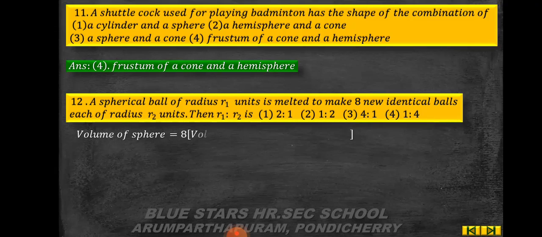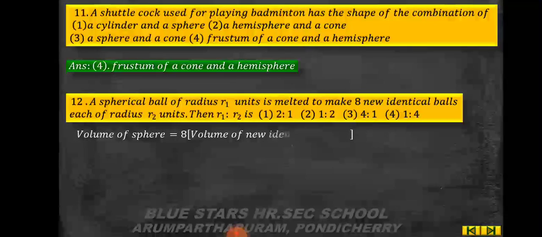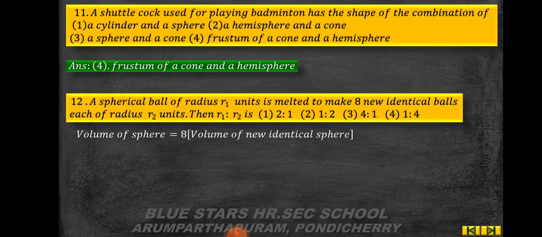So the volume of the sphere is equal to 8 times the volume of the new identical spheres, because the ball is in the shape of a sphere. Volume of a sphere is 4 by 3 pi r1 cube, which is equal to 8 into 4 by 3 pi r2 cube.